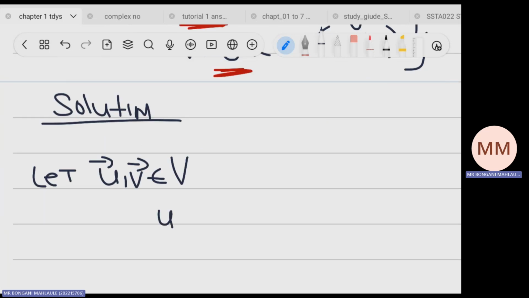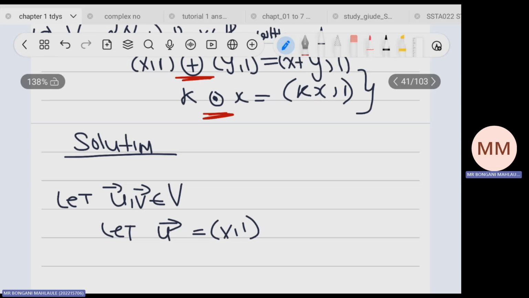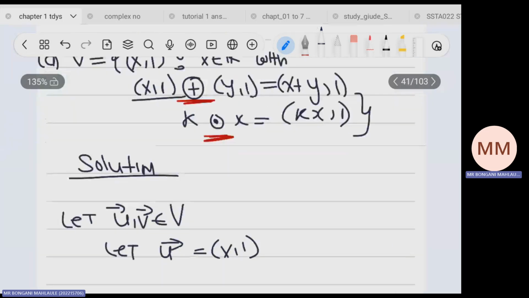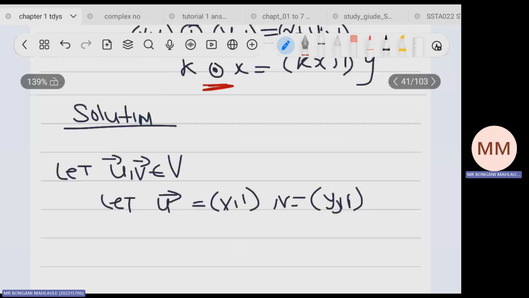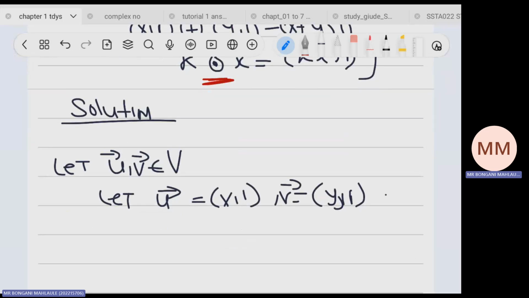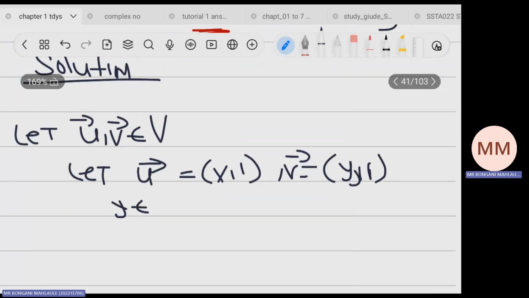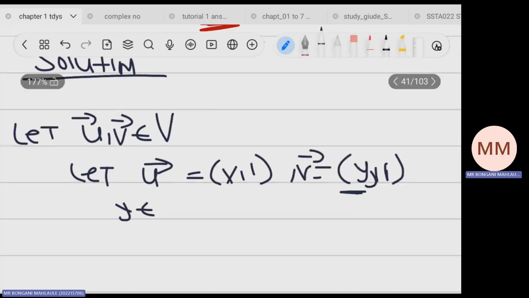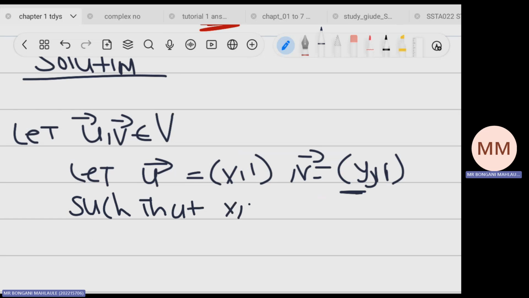And then we're going to say let u be equal to (x, 1), which is this, and then we let v be equal to (y, 1), whereby x and y are elements of real numbers.